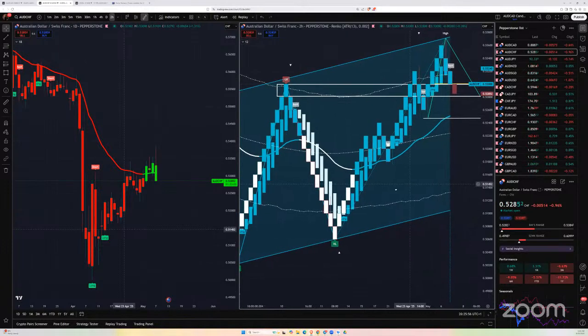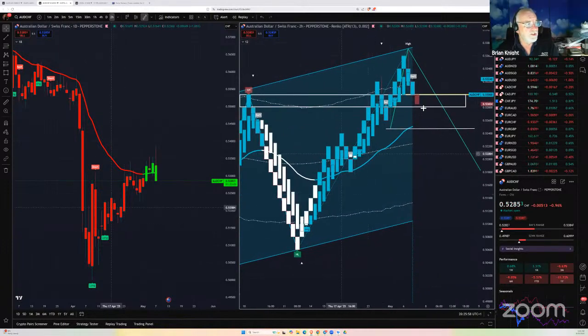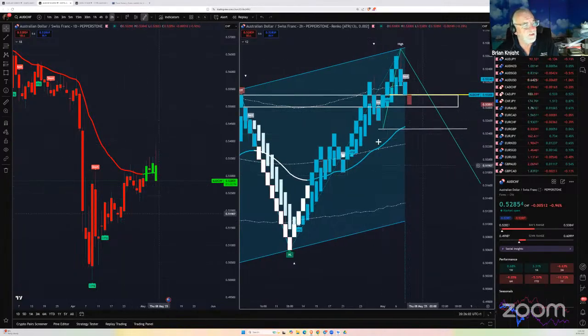Yep. So what I was just saying to Tom is if this truly is changing direction, and that was the swing high up here, then it's still blue all the way up. If we get a wick down here, we've got a short.